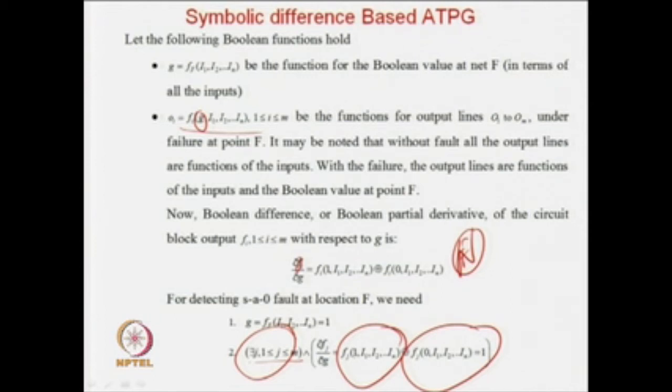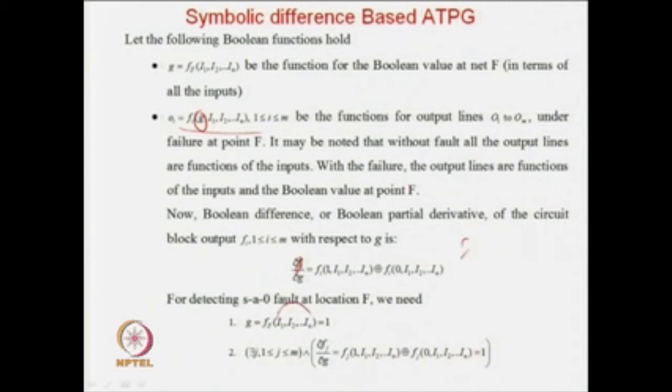If you apply a 1 at the fault location and the primary inputs, XORed with a 0 at that fault location with the same primary inputs, the answer is 1. That means the output j is different with fault compared to normal. So, if this is the case, then the fault is detected. Now, what is the test pattern? All the variables satisfying these equations are the test pattern.